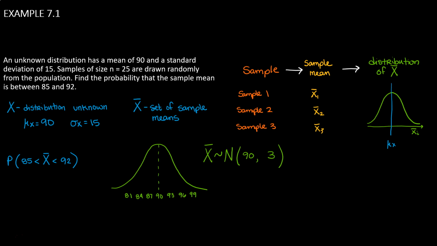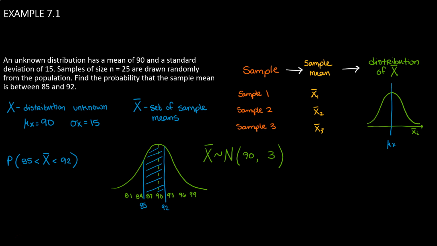And now I'm ready to start answering questions about probabilities, or areas under the curve. If I'm looking for the probability between 85 and 92, then I'm looking for the area under the curve between the numbers 85 and 92.